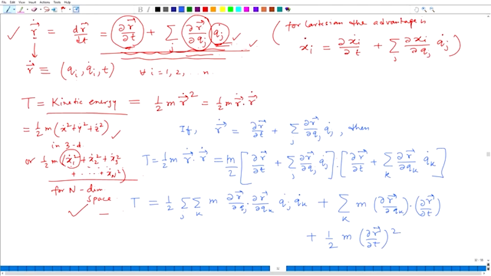So, this is the most general expression for the kinetic energy in terms of the generalized coordinates and generalized velocities.